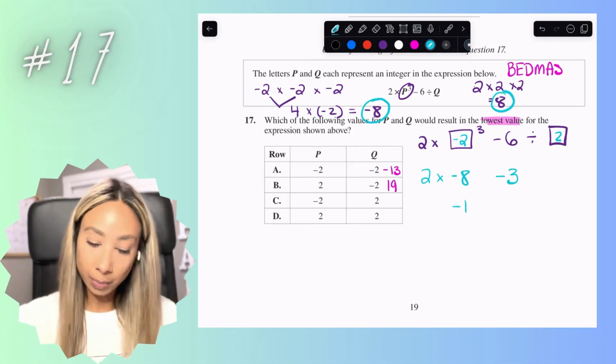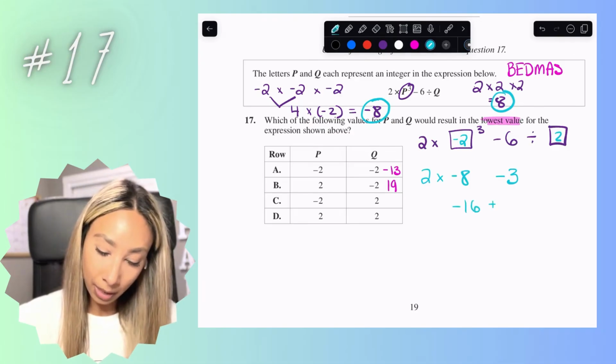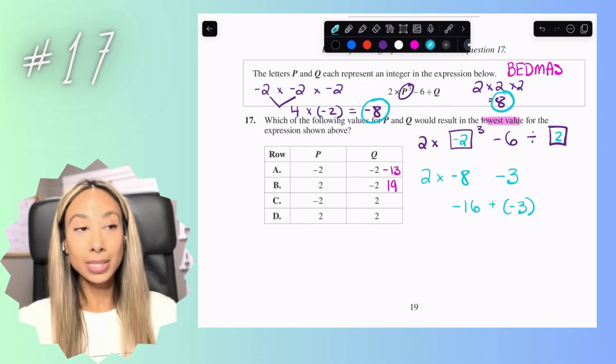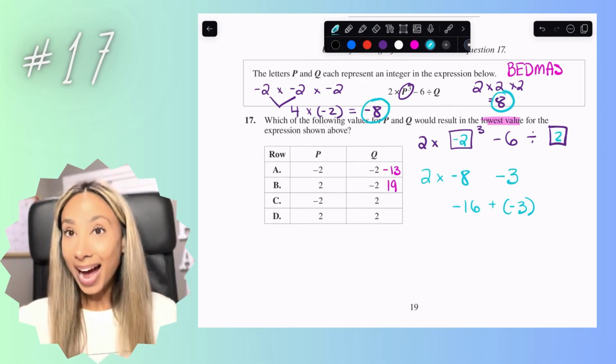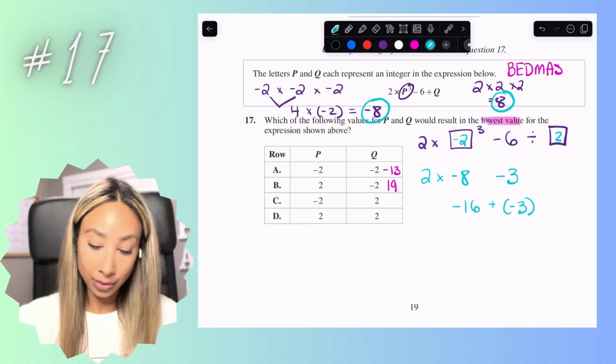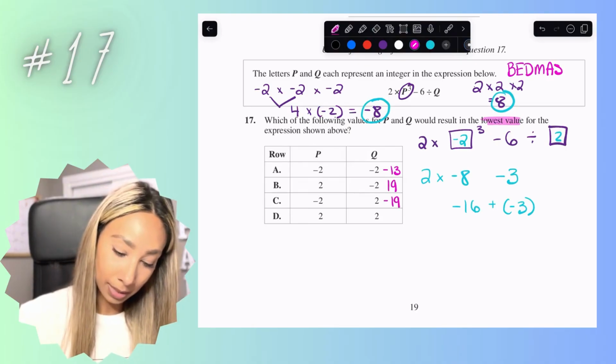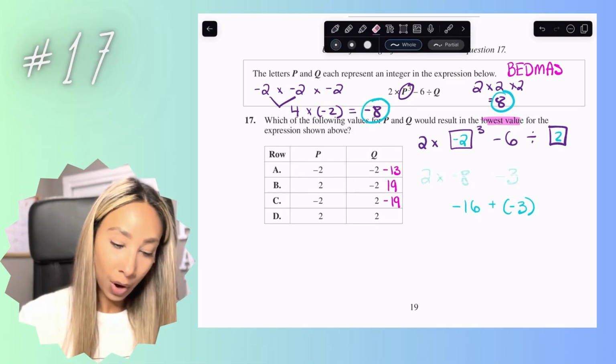And then now we can multiply that. That's going to be negative 16. And we're adding negative 3 to that, okay? So I need you to picture this really clearly. We've got negative 16, so 16 red tiles, and we're adding another 3 red tiles. That means altogether, I'm going to have negative 19 here.